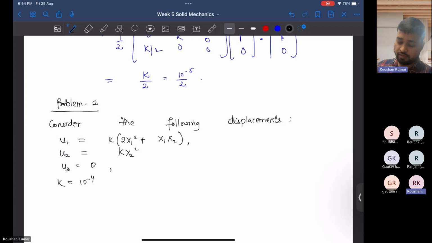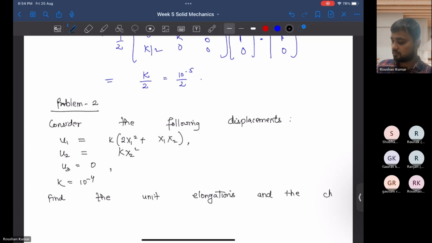So we have to find the unit elongations and the change of angles for two material elements.